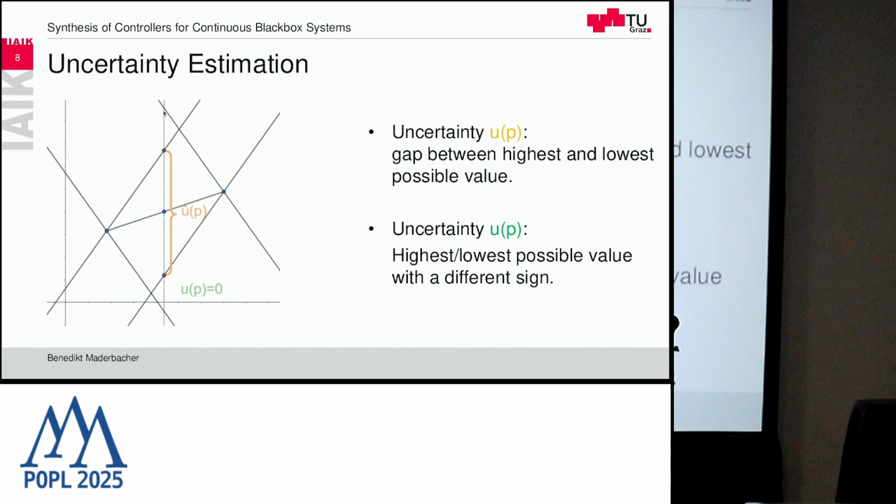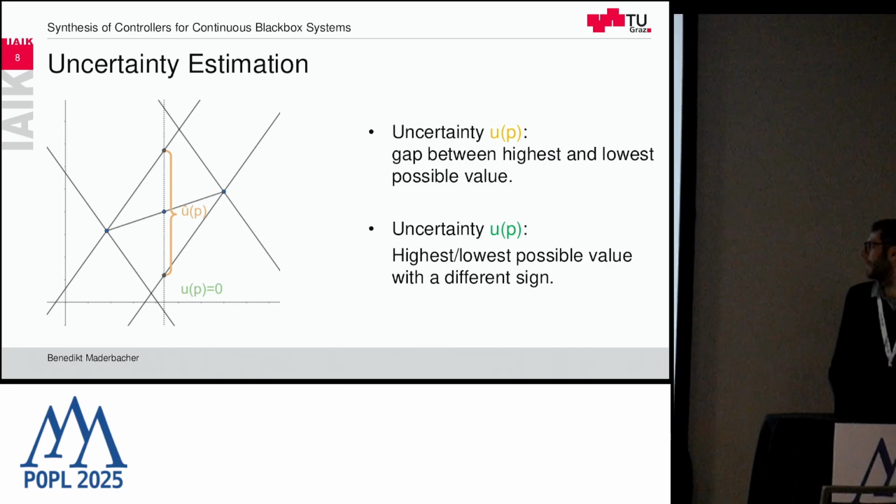So the orange uncertainty estimation would just say, if a point has a very high gap between the highest and lowest possible values according to the Lipschitz assumption, then the model is probably not yet very precise there, and there is a good chance the value might be wrong.